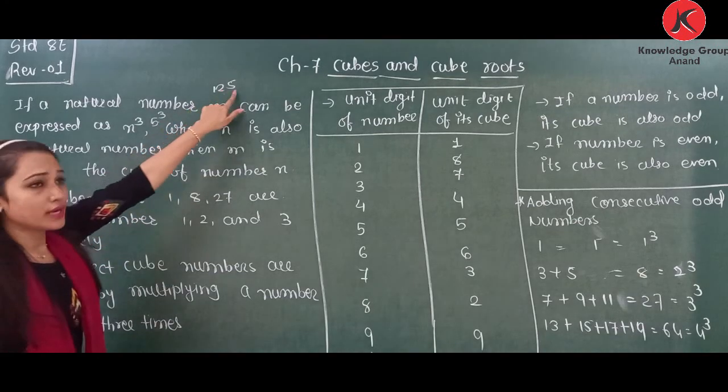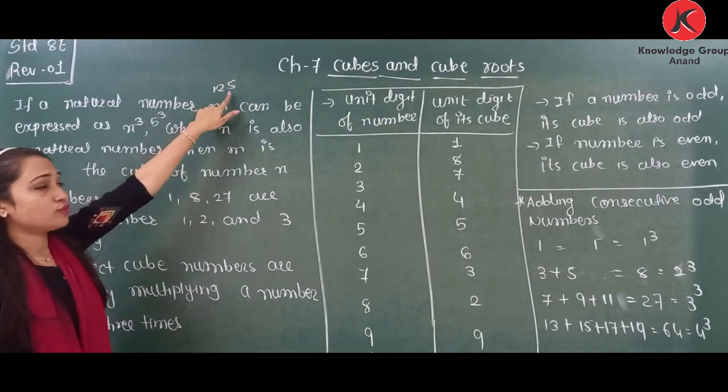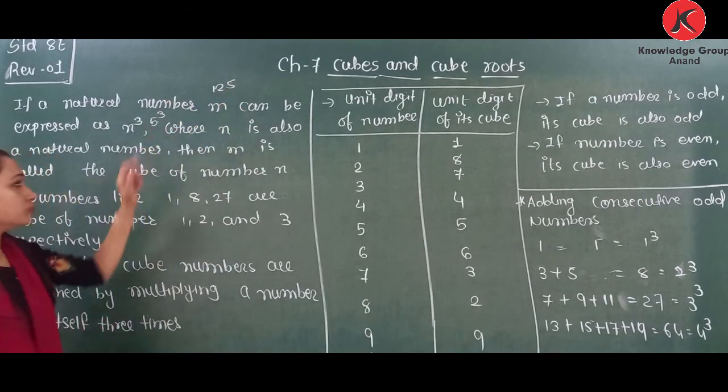For example, 125 is expressed as 5 cube, so 125 is the cube of 5.